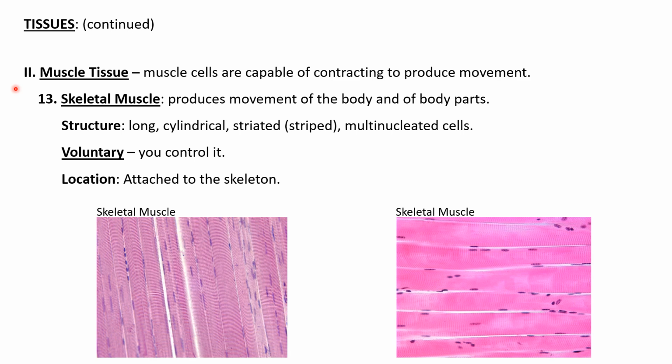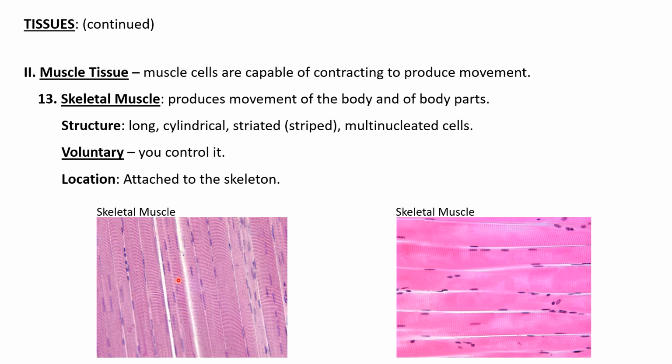The muscle cells are long, cylindrical, and striated multinucleate cells. So cylindrical, they're shaped like long straws or like a long piece of yarn. Striated means they're striped, so you can see the little striations or stripes. And then multinucleate means more than one nucleus per cell.